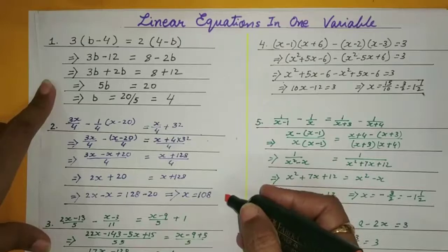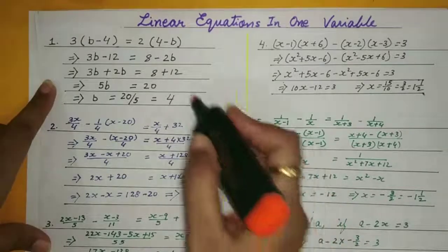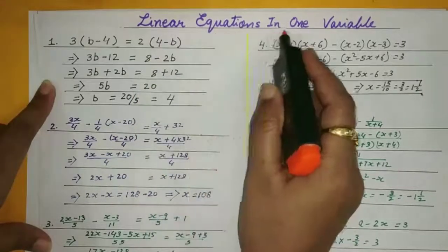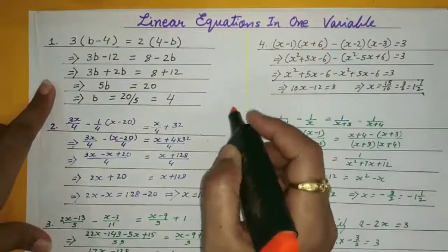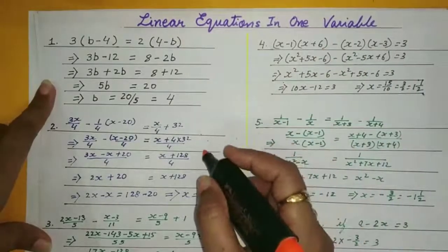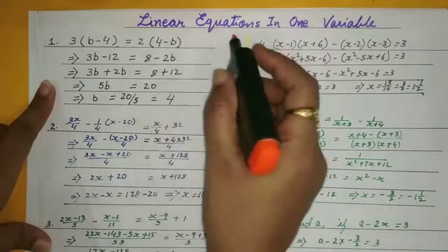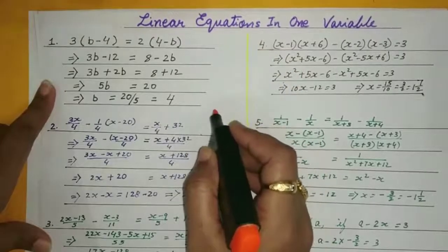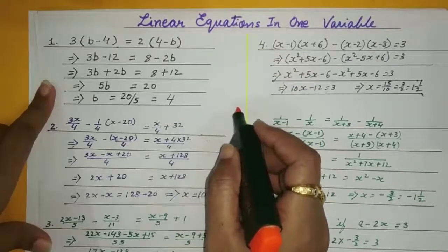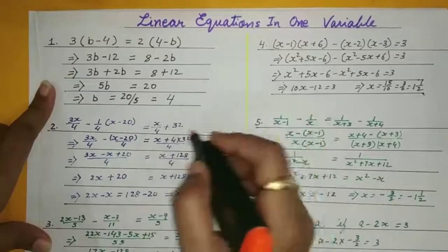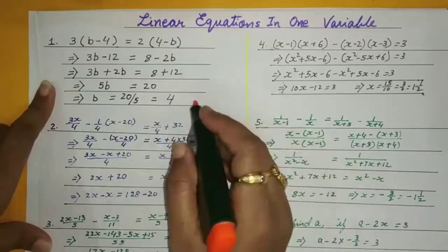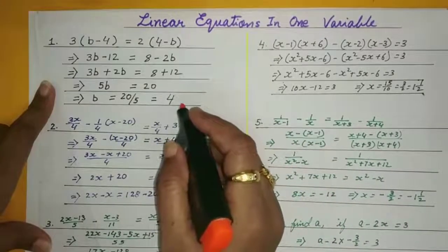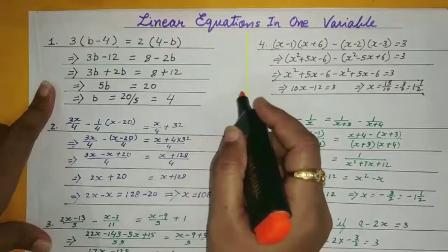In today's class, we will be talking about linear equations in one variable. Here in this video, I will be explaining how to solve the linear equations, which you have already done in standard 6 and 7. But yes, there are different types which I will be discussing, and also I will solve the problems based on the linear equations.